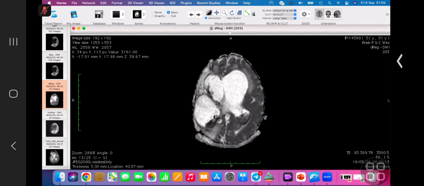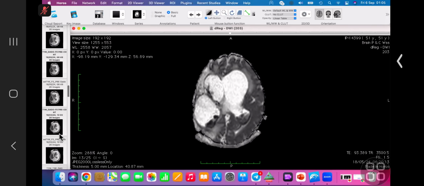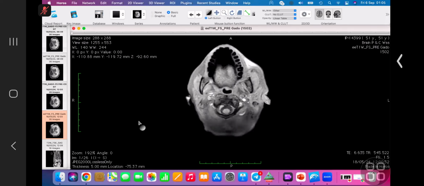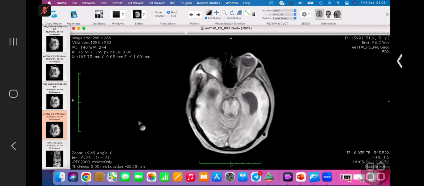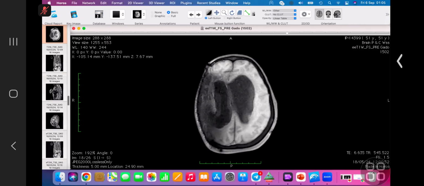There is severe inflammation of the ventricle along the ependyma, and the post-contrast we just saw confirms nice enhancement along the ependyma. Let me show the post-contrast.